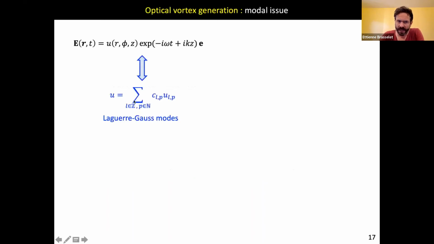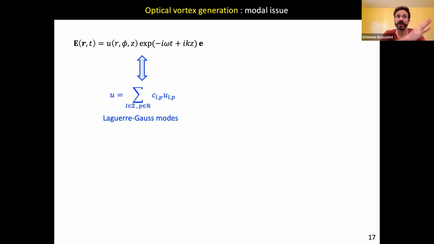However, if we recall the way a field can be described, it can be described with azimuthal phase contribution, but there is also a second degree of freedom, the radial degree of freedom. If you are Cartesian, you have X and Y to describe a paraxial field. If you are in cylindrical coordinates, you have azimuth and radial coordinate.